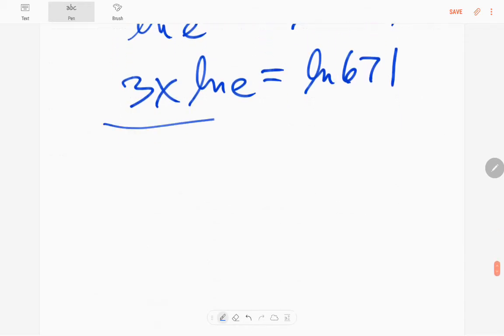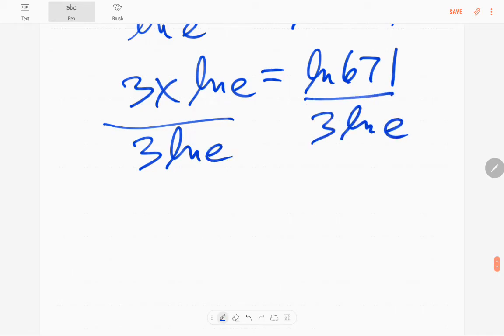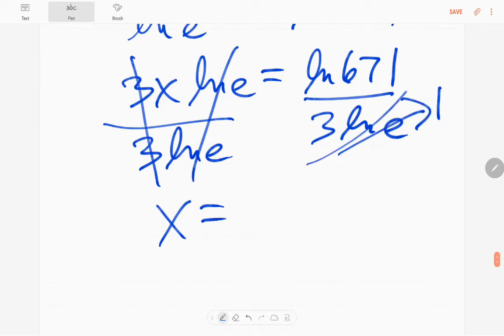And then divide both sides by the coefficient of x, which is 3 natural log e. But you know, natural log e is actually 1, so it's really just natural log 671 over 3.